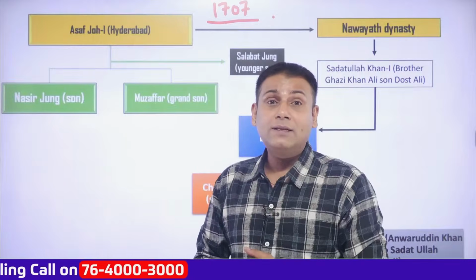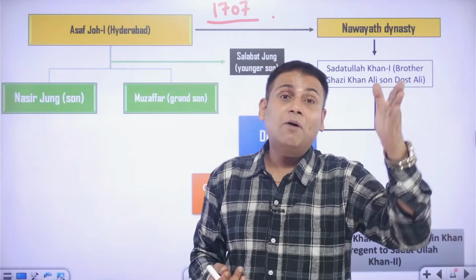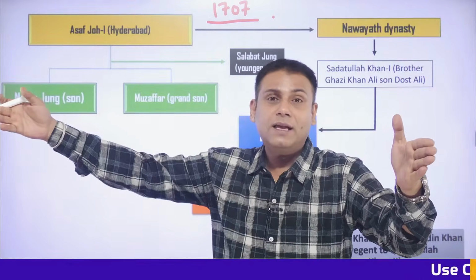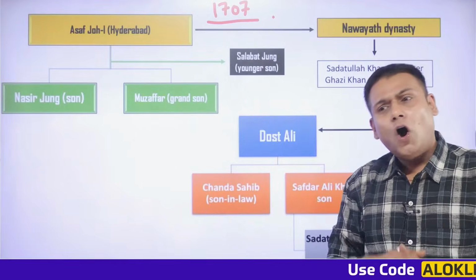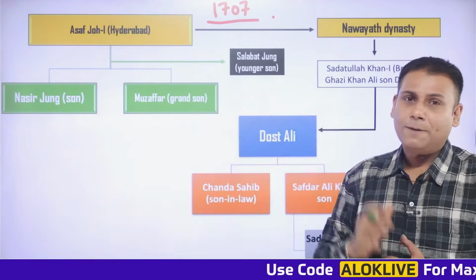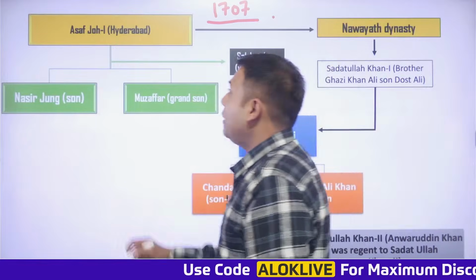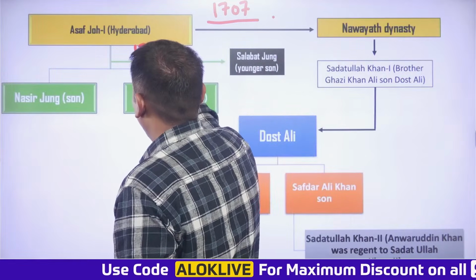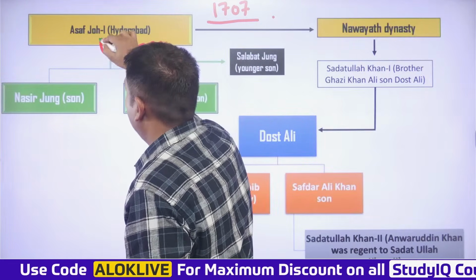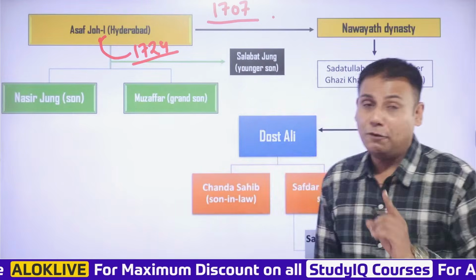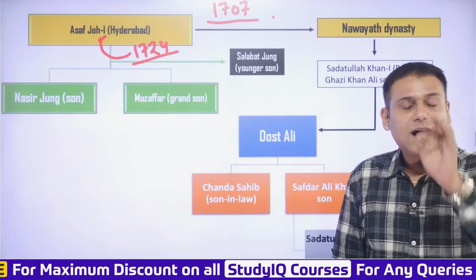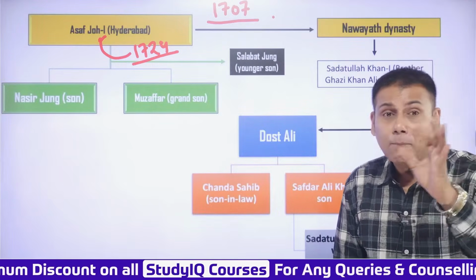One such example is the Nizam of Hyderabad, the Nawab of Awadh, and in the coming years, the Nawab of Bengal. All of them started declaring their independence. So in 1724, there was a person whose name was Asaf Jah. Pay attention carefully. All the characters are very, very important.